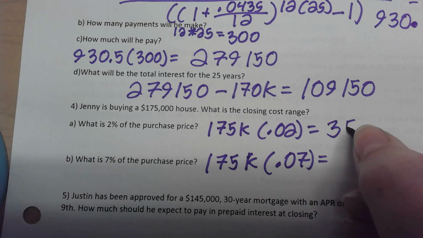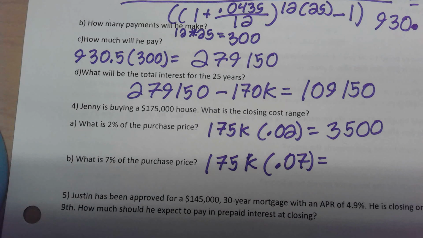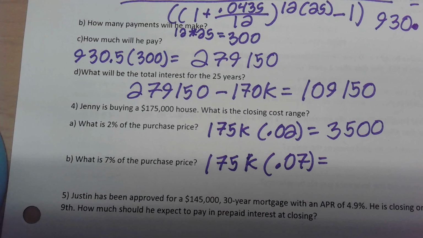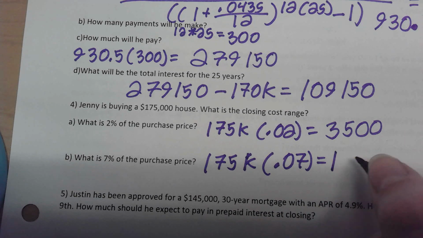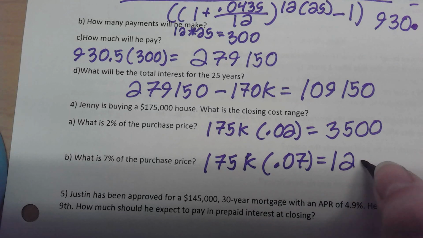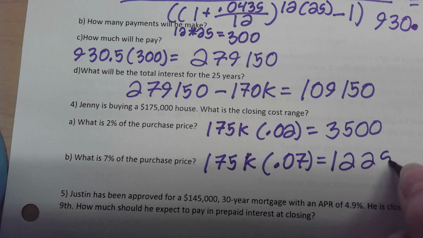So we get 3,500. And then we get 12,000. So it's between, so 3,500 and then 7% would be 12,250.